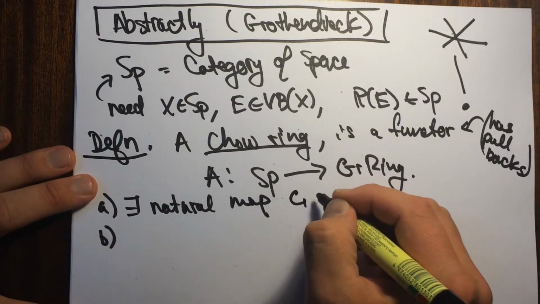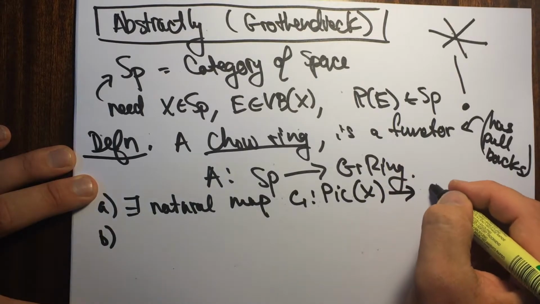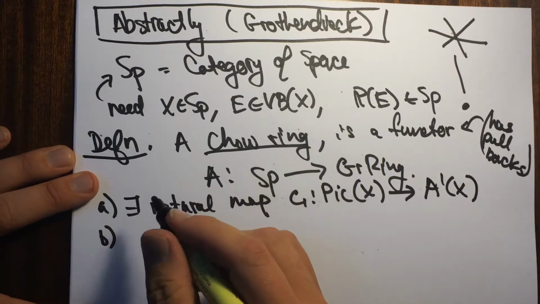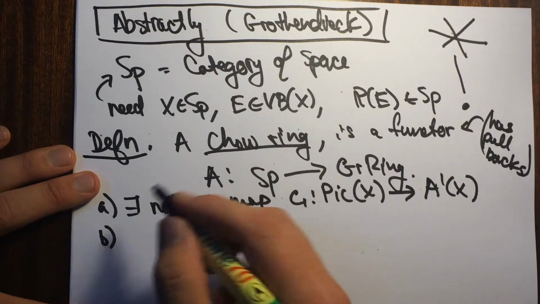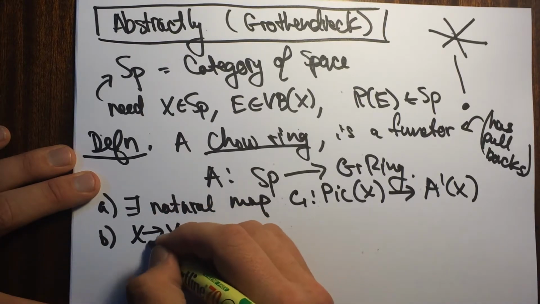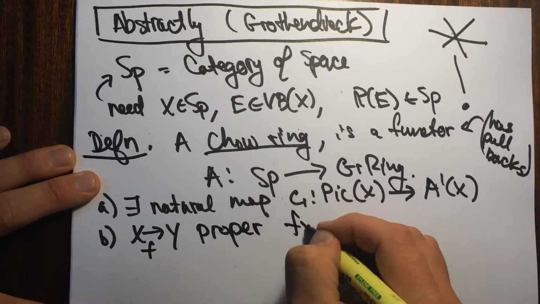So c1 from the Picard group of X to A1 of X, for every X. There's a functorial thing there. And when we have a proper map, so if f from X to Y is proper, we're also going to have a push forward.